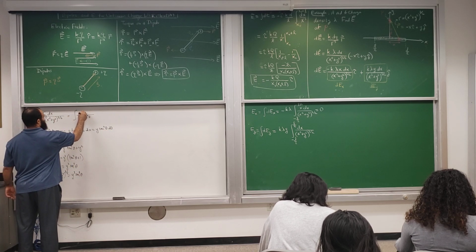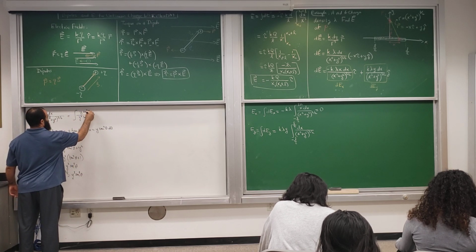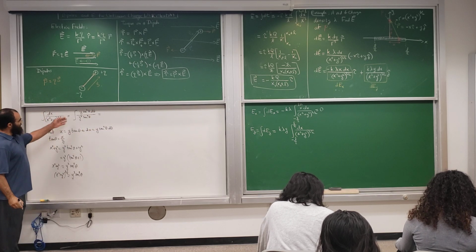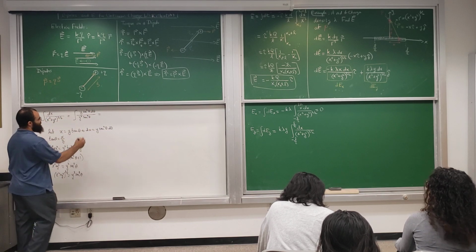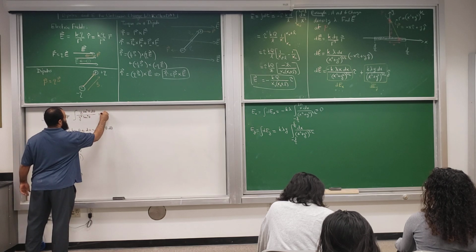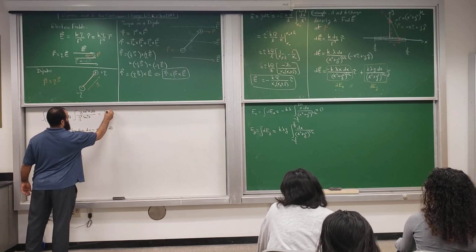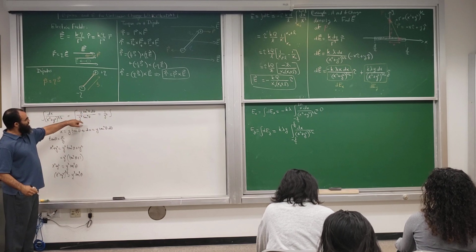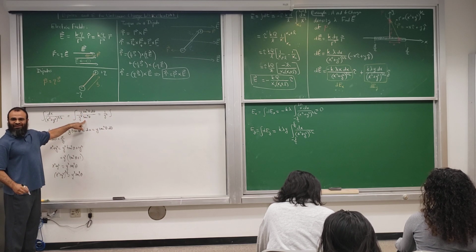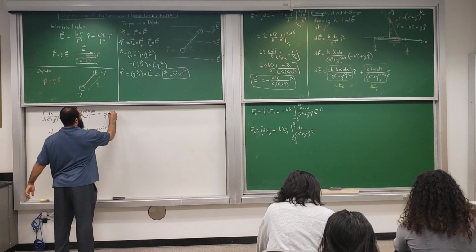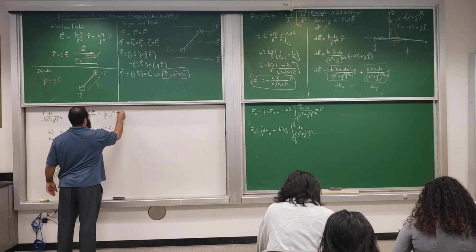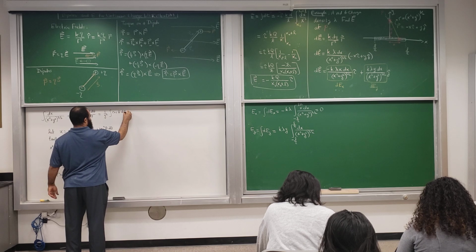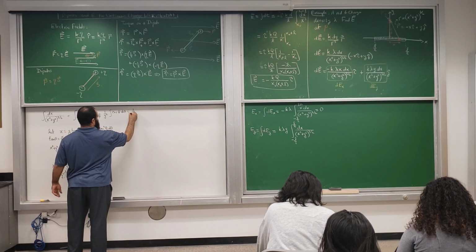Simplify that. y over y cubed is 1 over y squared. Integral. What's that? 1 over secant. What's 1 over secant? Cosine. And then what's the integral of cosine d theta?